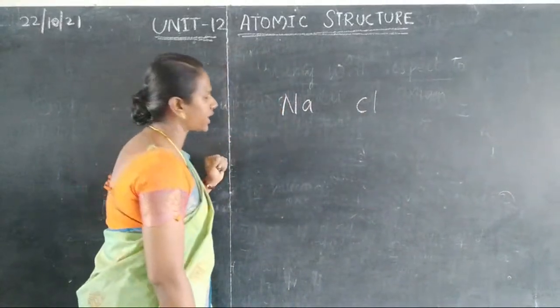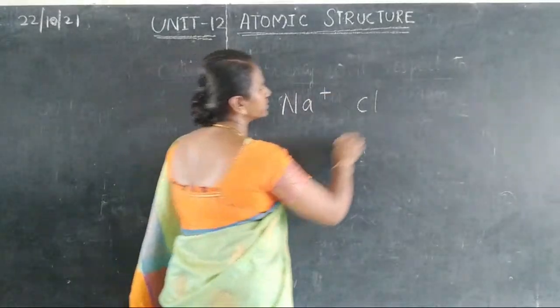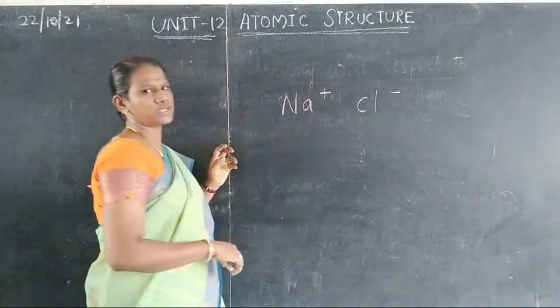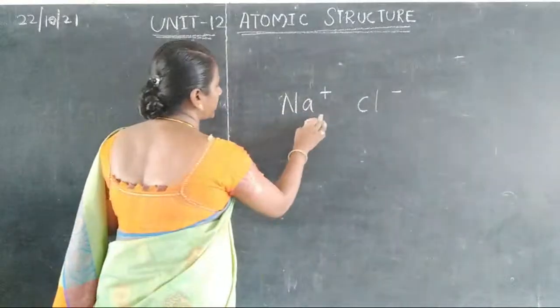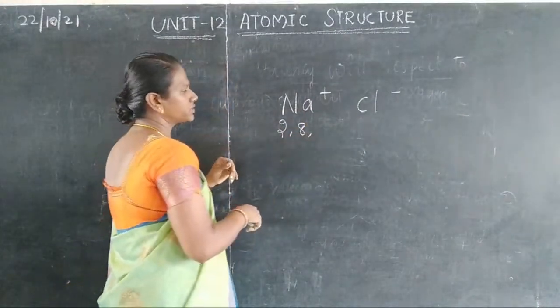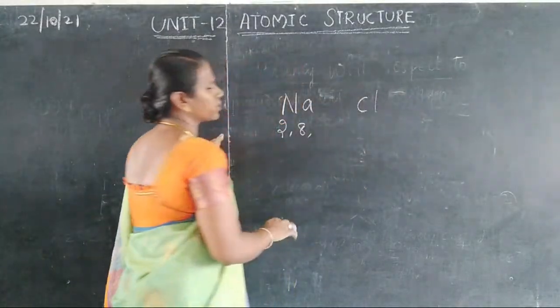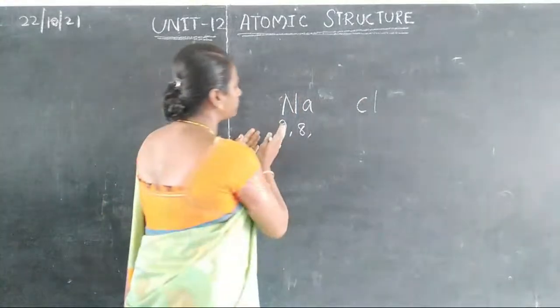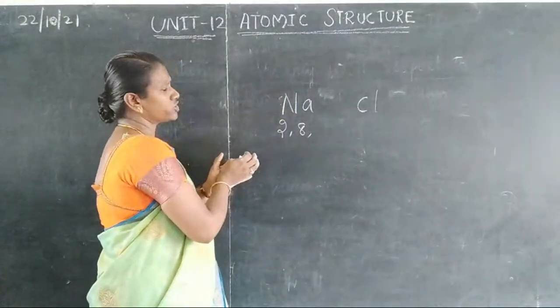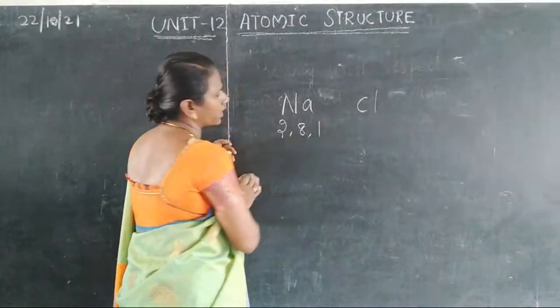Here in this case, sodium possesses a positive charge and chlorine possesses a negative charge. So what is the reason? Before losing or gaining electrons, the electronic configuration of sodium is 2, 8, 1.